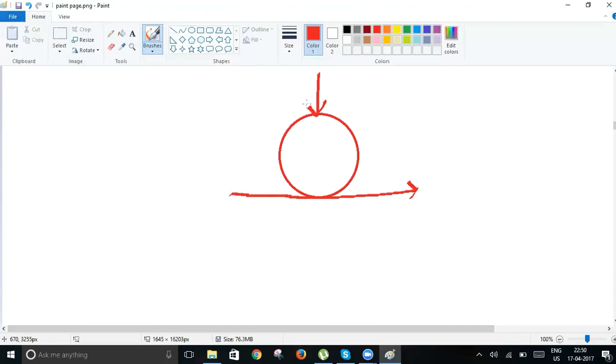Will the ball move or not? You are putting your foot on this ball like this, or you are putting a weight on this ball like this. Will it move? It will only move if you kick it. If you put your foot on this, will it move?